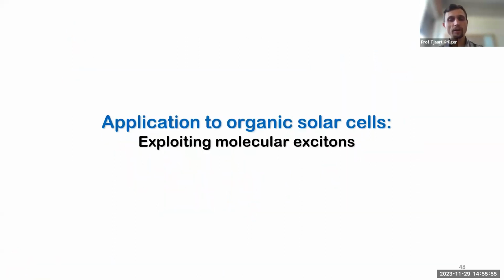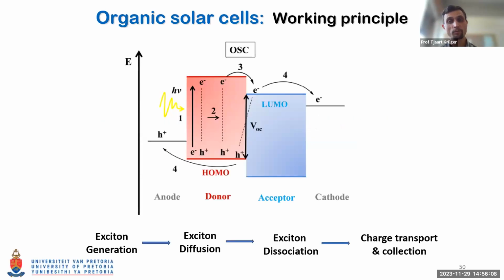Okay, so how can we apply some of these principles to organic solar cells? And I'm going to end this lecture by showing one example of how this can be done. Let's have a look, firstly, at the working principle of organic solar cells. Okay, so we can divide it into 4 processes.